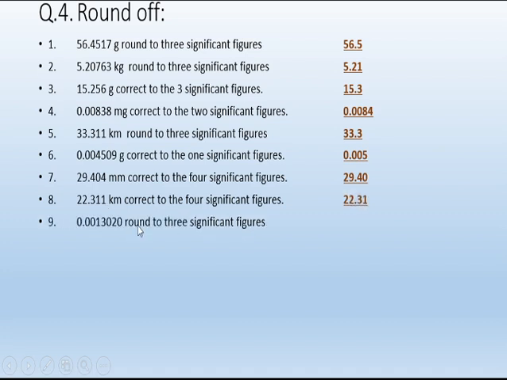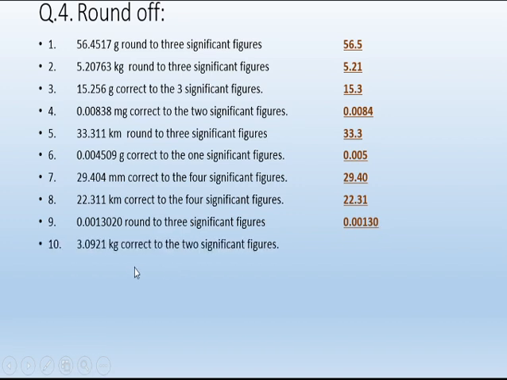Now 0.13020 rounded to 3 significant figures. We'll convert this to 3 significant figures, meaning 130, and the next numbers, 20, will be removed. So 0.130 is 3 significant figures, because the ending 0 is also considered significant.